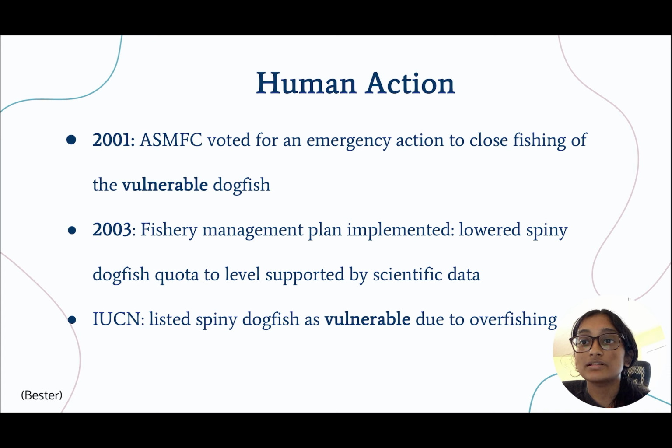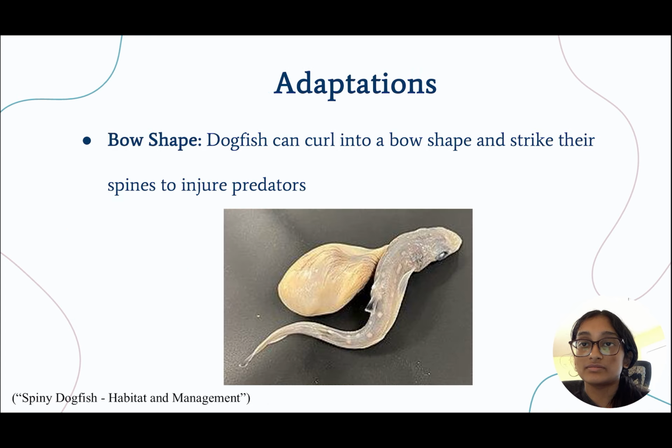This was based on scientific data to determine how much dogfish could be fished so that way these species could grow and not be considered a vulnerable species. Additionally, they were listed as vulnerable due to overfishing.